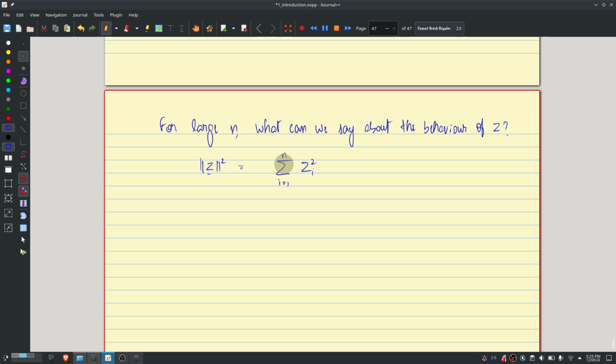Each individual component is going to have just 1 degree of freedom. So z square, or zi square, is chi-square with 1 degree of freedom, essentially.